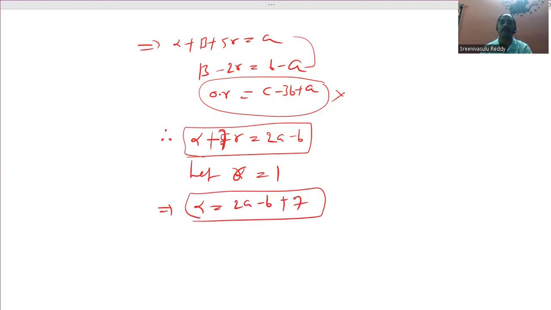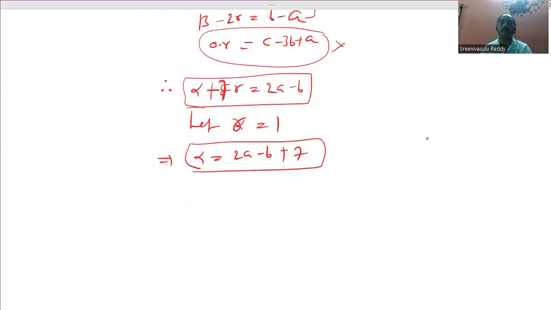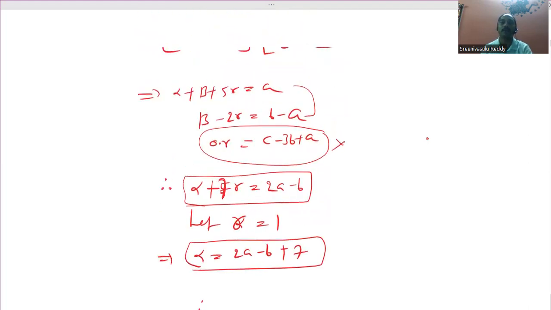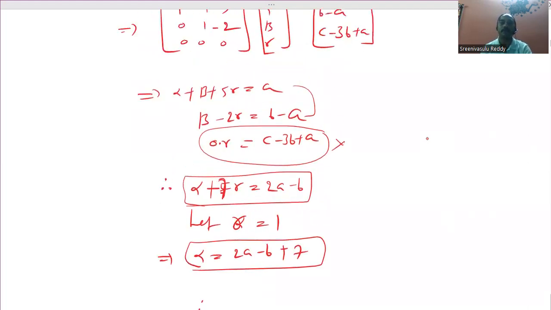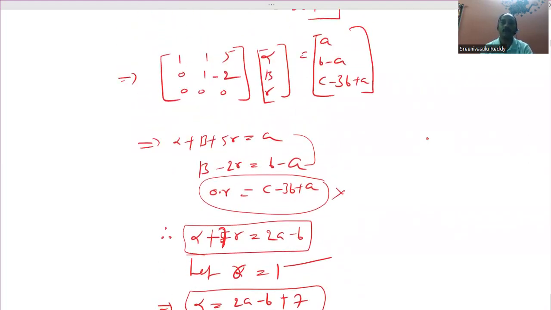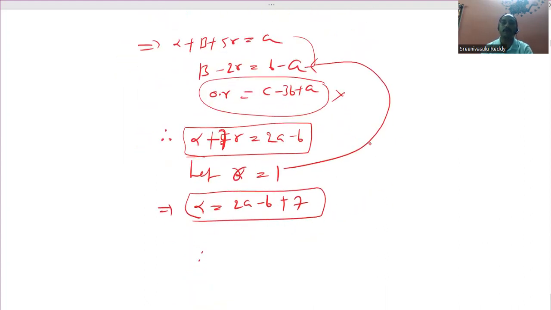Now substitute alpha and gamma in the second equation. Gamma equals 1, substituting in the second equation, we can easily get beta. Beta equals B minus A plus 2 gamma. The 2 gamma value is 2, so B minus A plus 2.